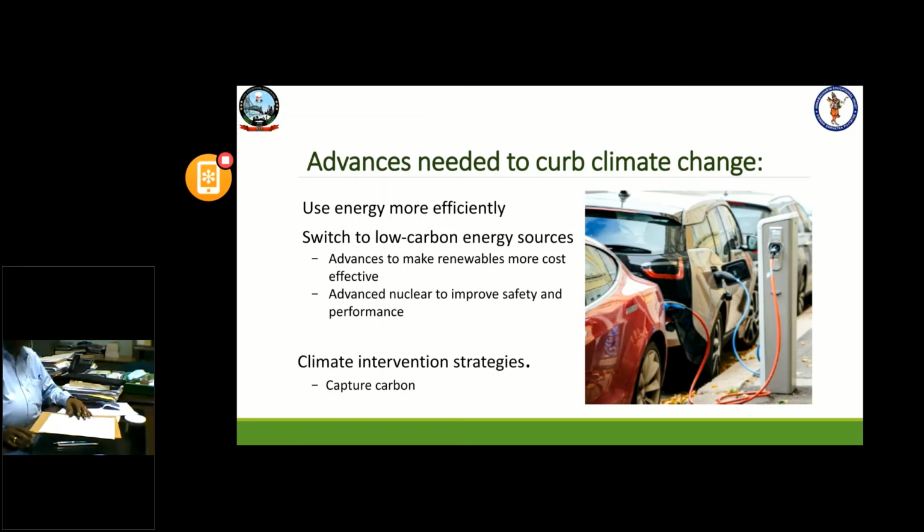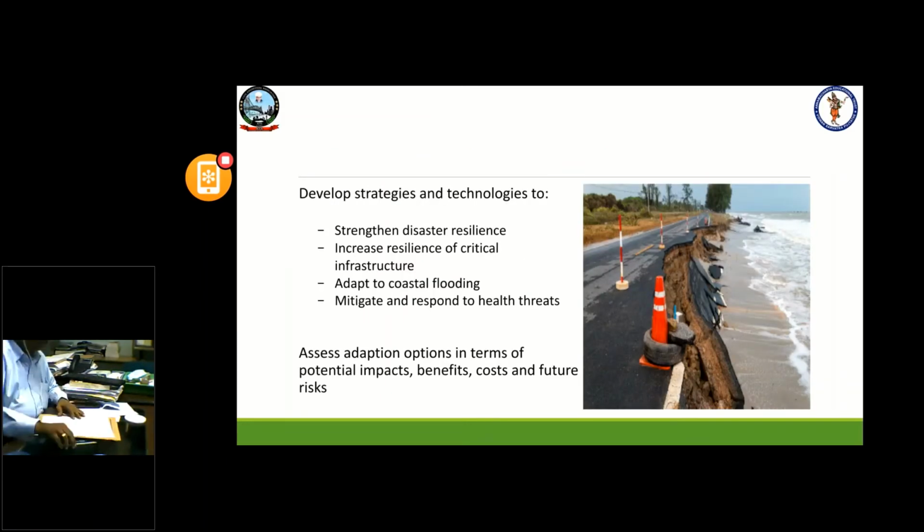You can develop strategies and technologies, strengthen disaster resilience, increase resilience of critical infrastructure, adapt to coastal flooding, and mitigate and respond to health threats. So this covers the benefits or potential impacts, costs and future risks.